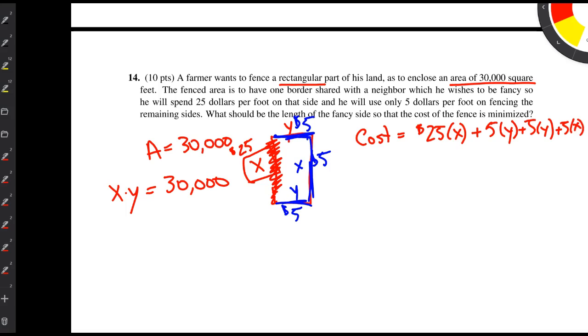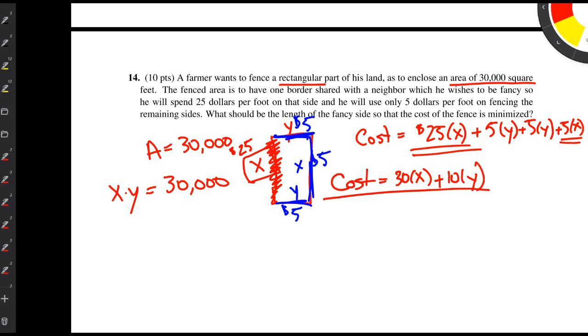Okay, so simplifying here, the cost is going to be 30x plus 10y. So at this point you usually have a cost function in terms of x and y, and a function in terms of x and y that's given. You'll want to solve for one of them.